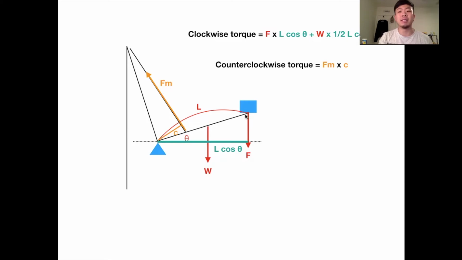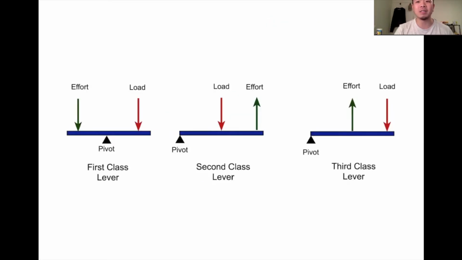All right. And if it's in a static situation, that means you're holding the weight still, then the clockwise torque should be the same as the counterclockwise torque. So these two equations should be equal to each other. All right. We have 3 classes of lever systems. The first class lever is where the axis of rotation is in the middle between the effort and the load.